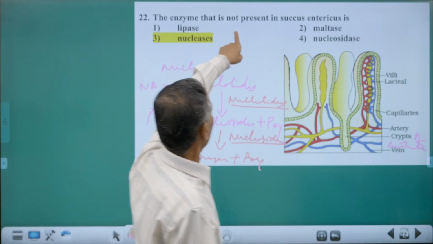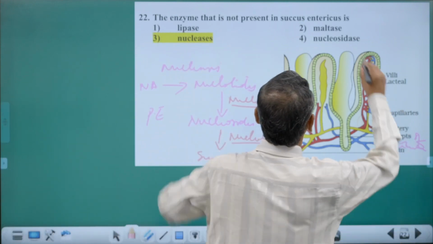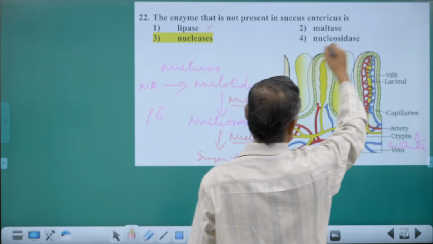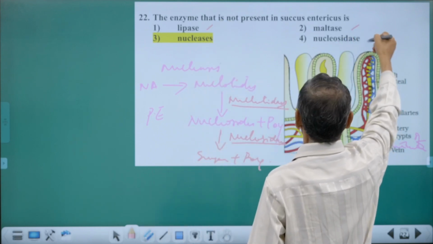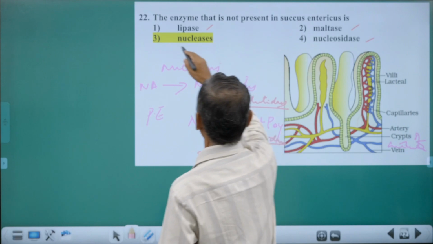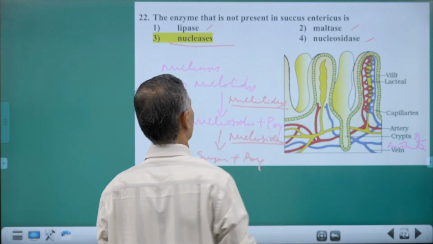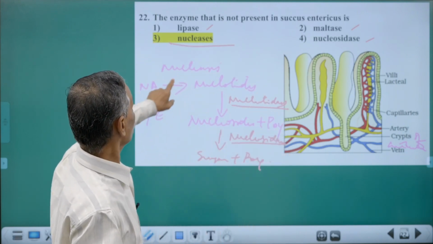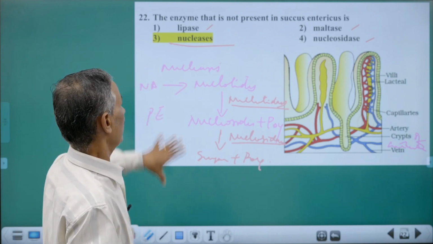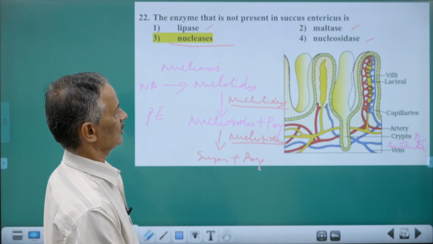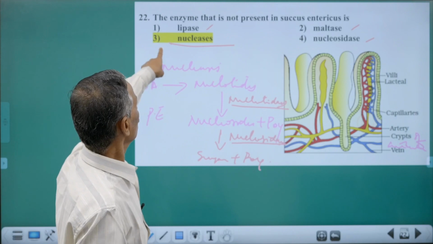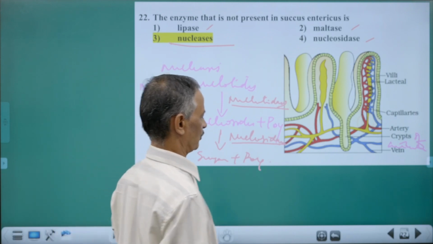So, enzymes that are present in Succus entericus include lipases, maltases, nucleosidases, but not nucleases. So, nucleases is present only in pancreatic secretions. Okay. So, we take 3 as the correct answer.